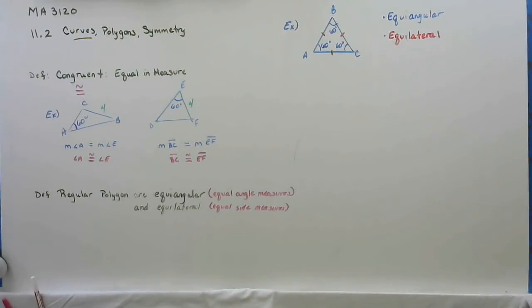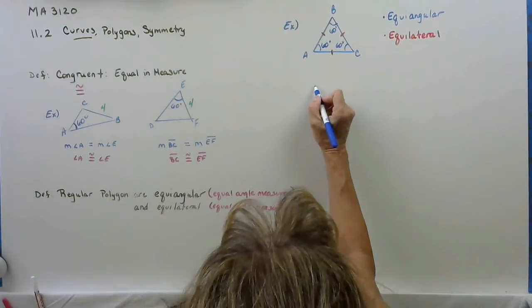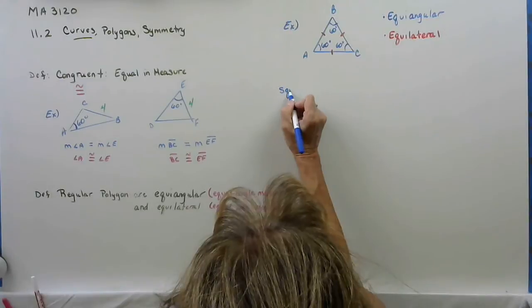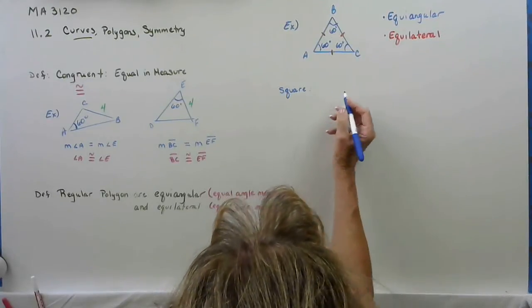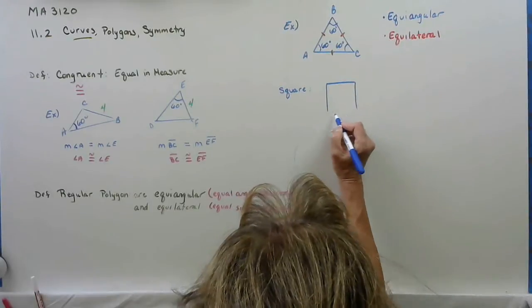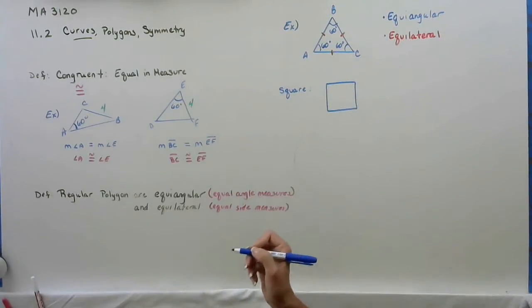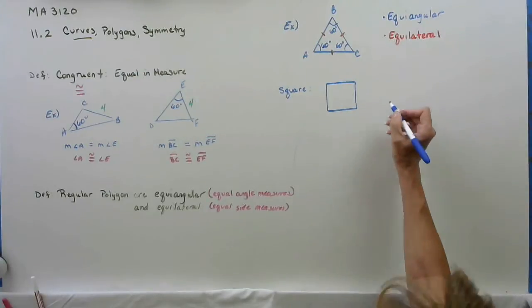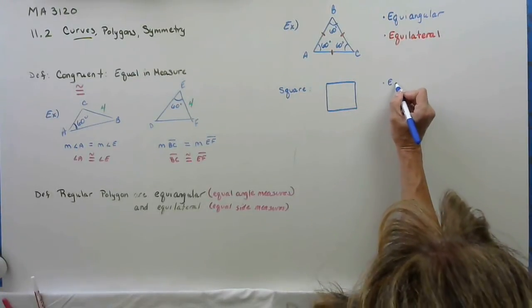Let's say I give you something like a square. Let's describe a square. I'm sketching it instead of grabbing a protractor and a ruler. Is a square regular? Well, in this case, yes.